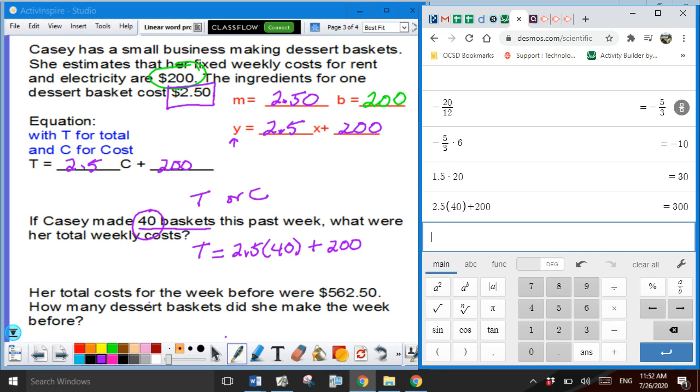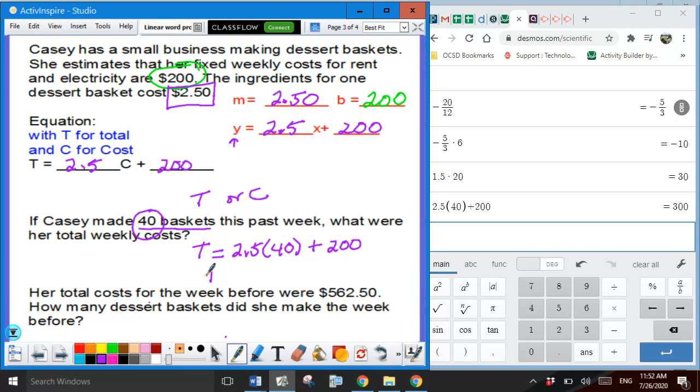What did it cost me? It cost me a total of $300. Okay, that was my weekly cost.